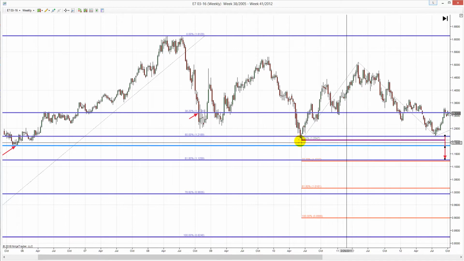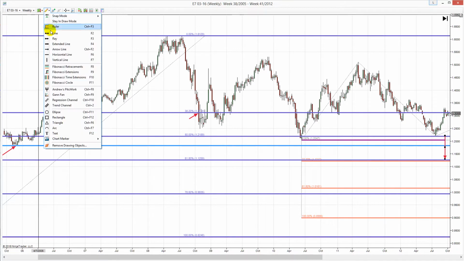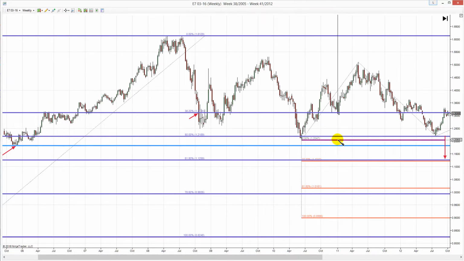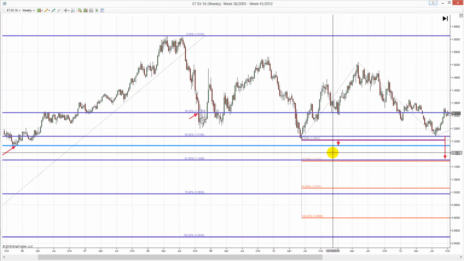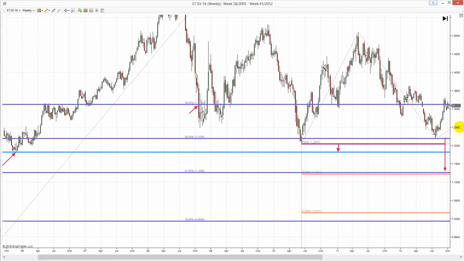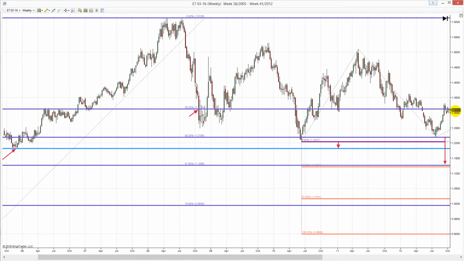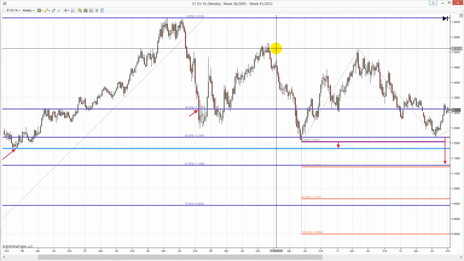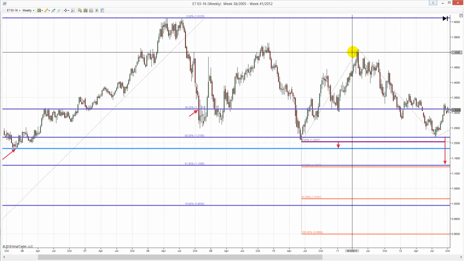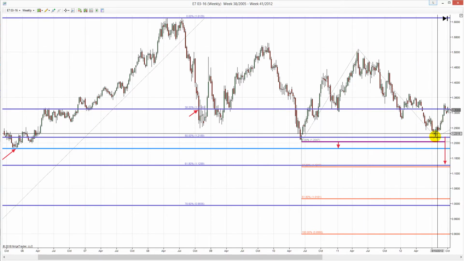Once we break that one, our level and target will be first, of course, this one, right? Okay, now look here, lower high. Unless we break that one, we're going down, of course.